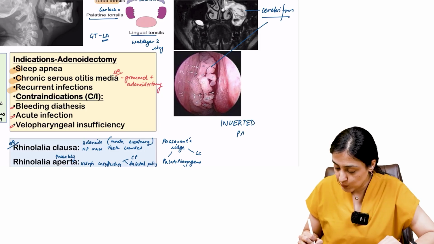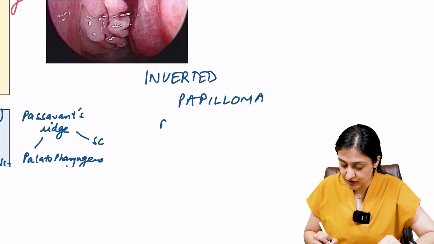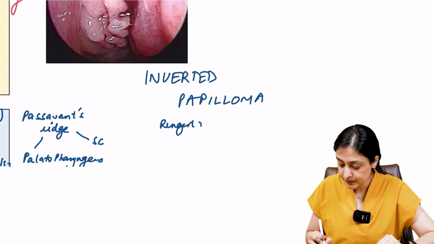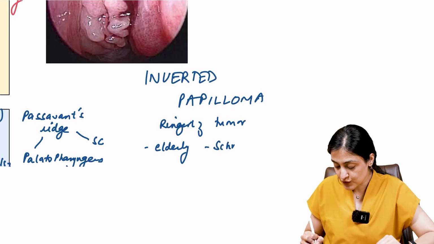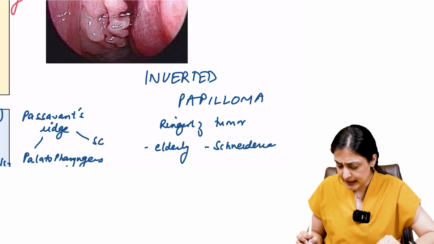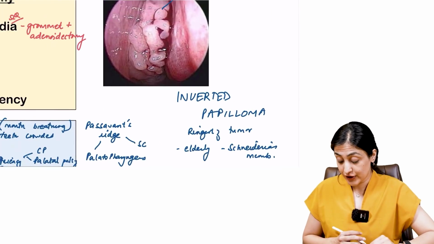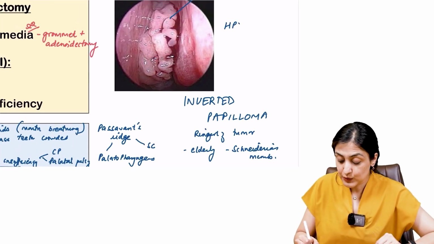All right, inverted papilloma is also called Ringer's tumor. It happens in the elderly, and it arises from what is called the Schneiderian membrane, the mucosal membrane of the paranasal sinus. Very important, it is linked with HPV.